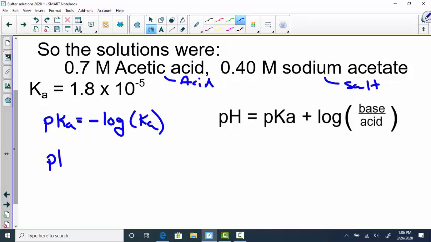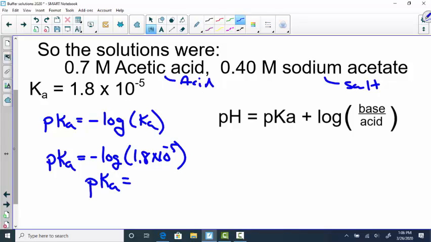So in this case, the pKa would be minus the log of 1.8 times 10 to the minus fifth. If you do that in your calculator, it's no different than any other calculation we made. This comes out to be 4.74.